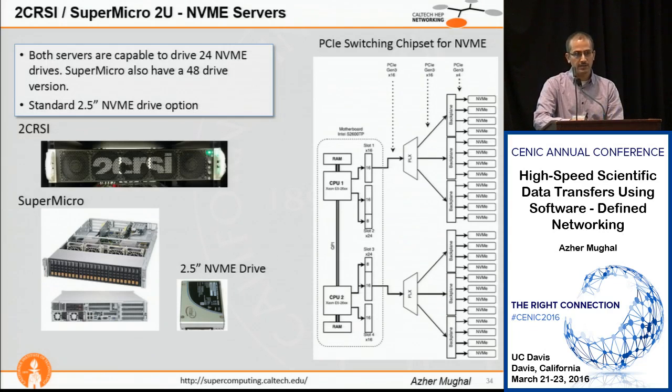One drive is taking 4 lanes of the PCI. So we don't have that many PCI lanes in a single processor. A single processor these days is able to provide you 40 lanes, and next year we'll see them going to 48 lanes. So in order to have all these NVMes connected together, we really need either more PCI or an expander or a switch chipset.